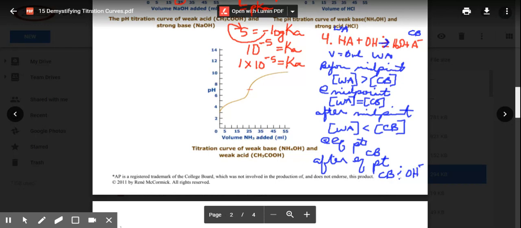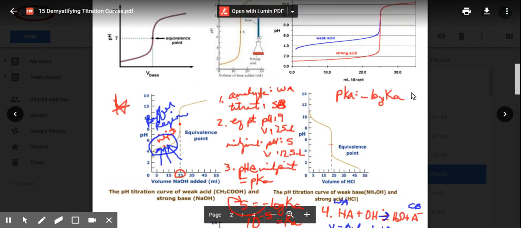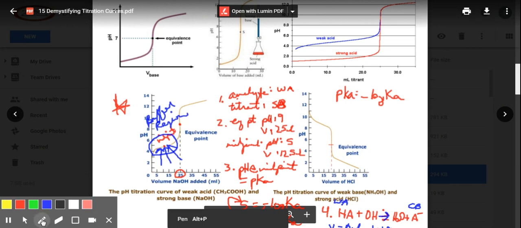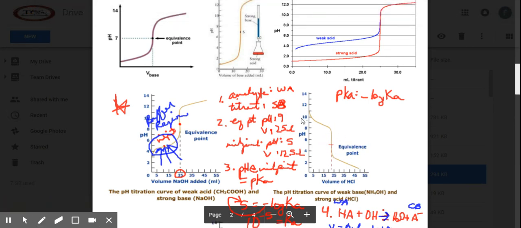Okay, so this is what we're talking about when we say molecular ratios. You need to know what's happening there. So let's take this idea and let's apply it to the next titration curve, which is right here. So I think I'm going to choose a different color, like green maybe, to figure out what's happening.